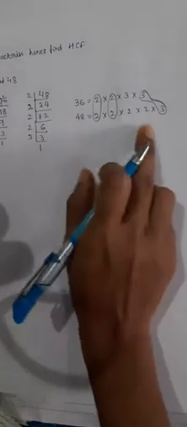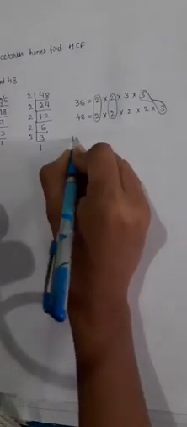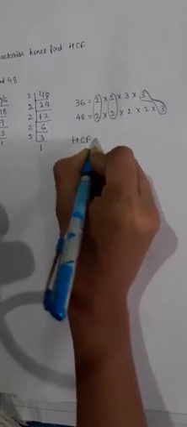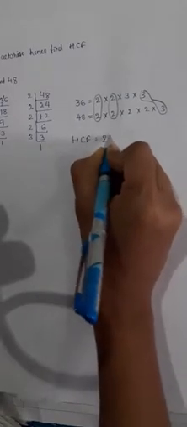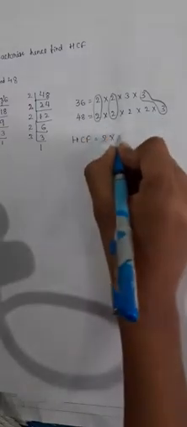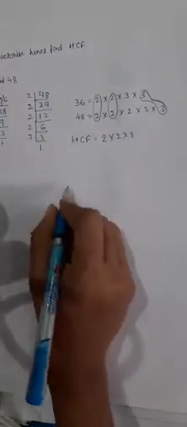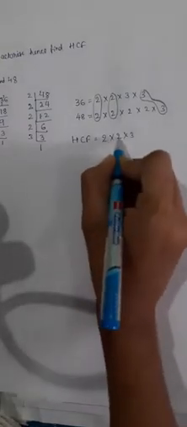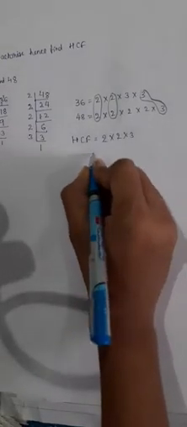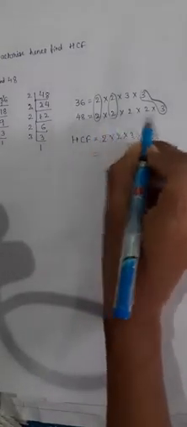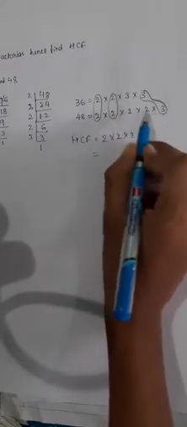So what all things we circled? Common ones: it is 2 one time, 2 second time, and 3 another time. So 2 twos are 4, 4 threes are 12. 2 multiplied by 2 multiplied by 3.